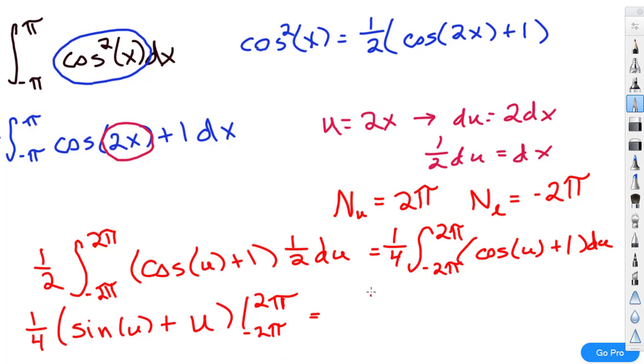Great. So what we're going to do here is evaluate this, so that's going to be 1/4 times sine of 2 pi plus 2 pi, minus 1/4 times sine of negative 2 pi minus 2 pi.